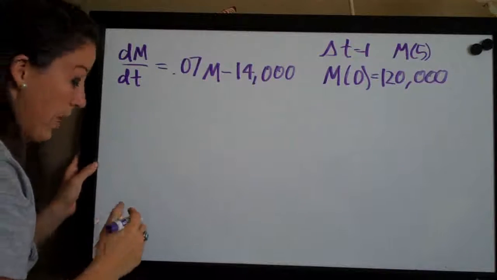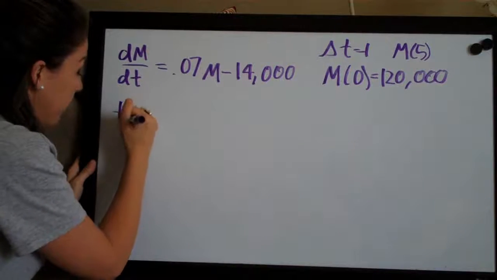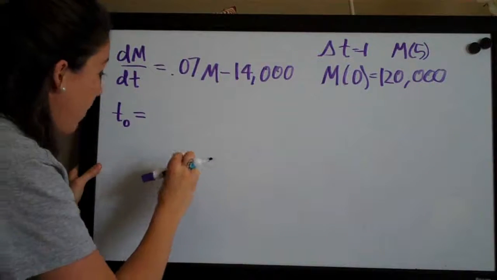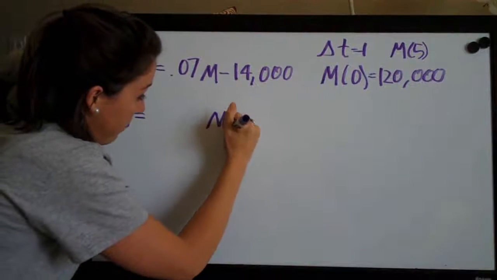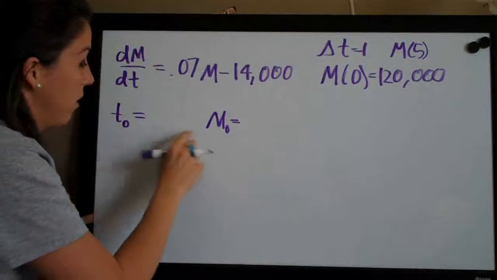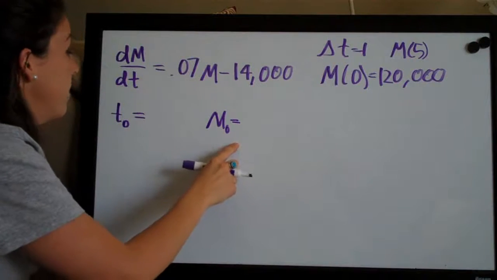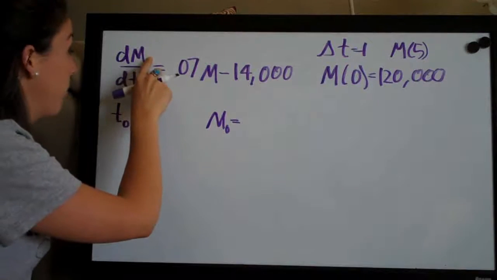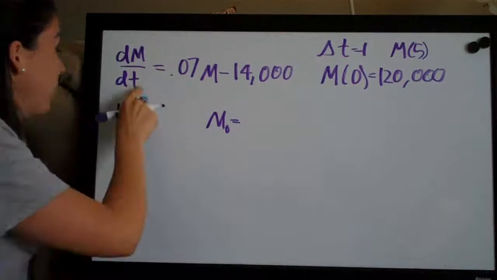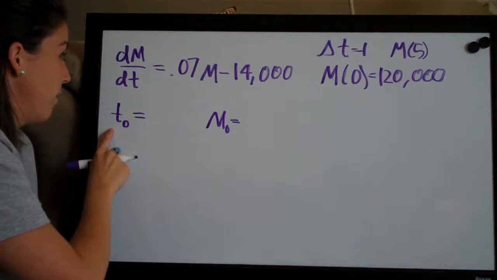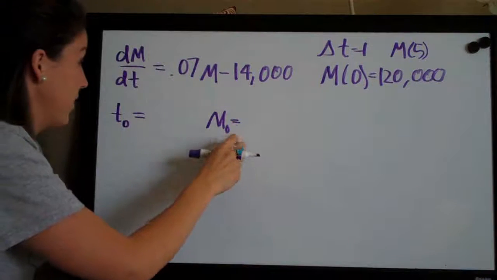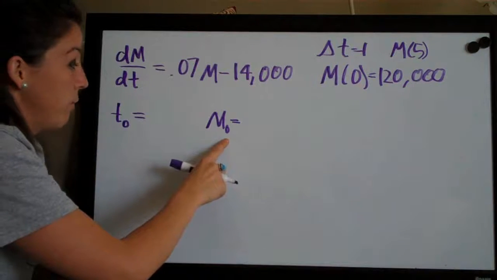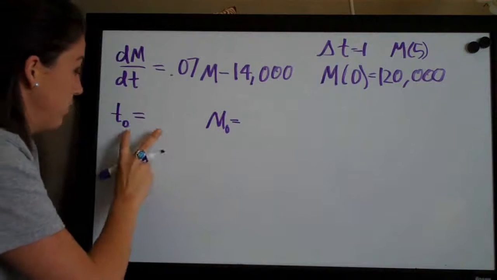So we're going to have always t of 0 in the first column, and then m of 0 in the second column. We have t and m because we're given t and m in our problem here. So whatever's on the bottom goes in the first column, whatever's on the top goes in the second column. And t of 0 and m of 0, you always start with zeros.